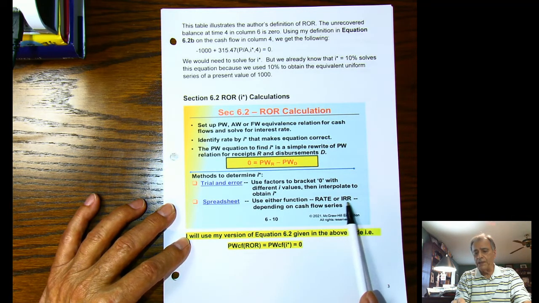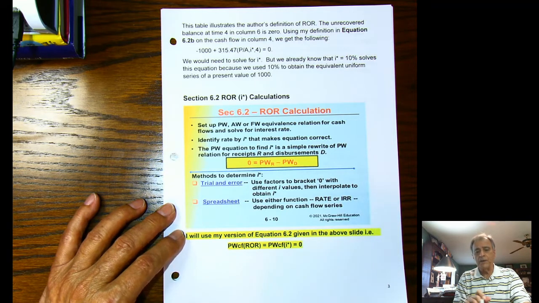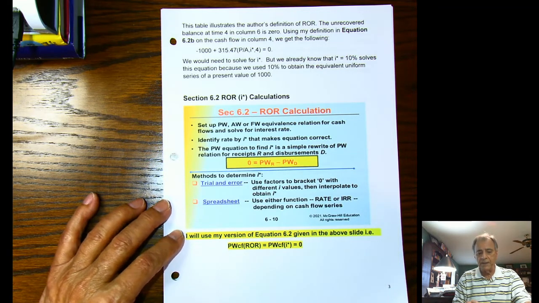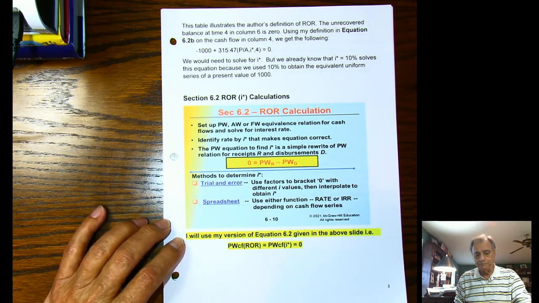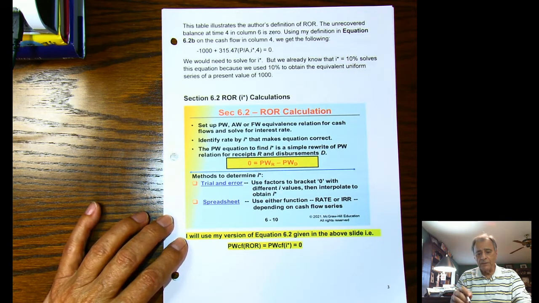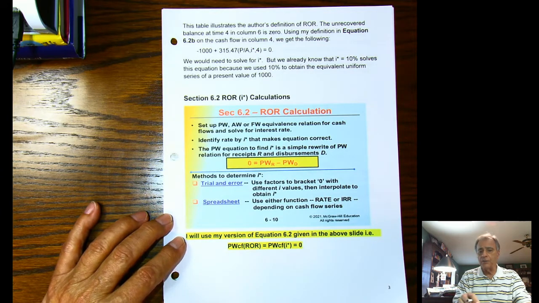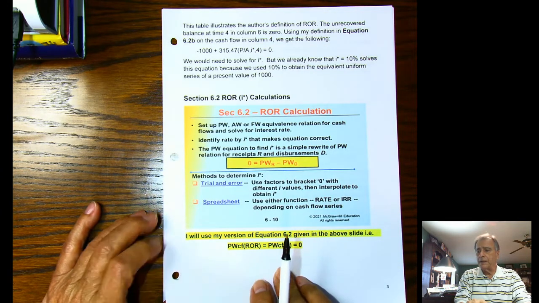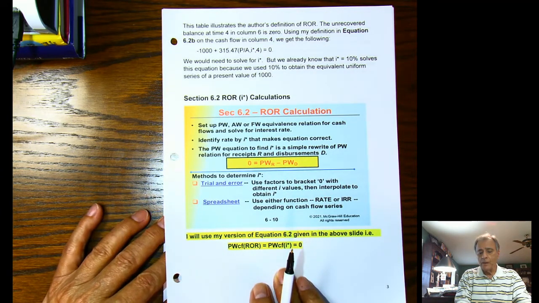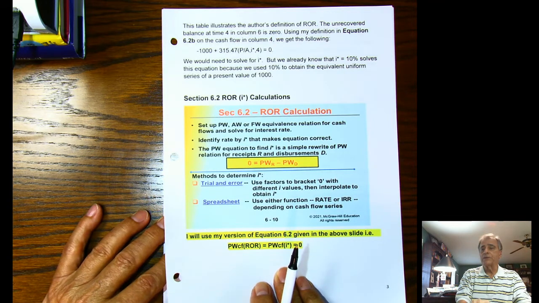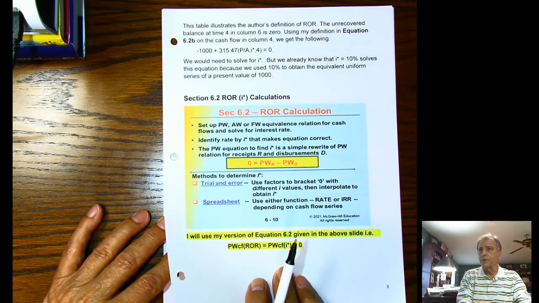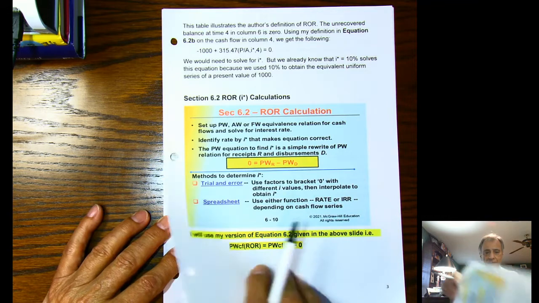So you'll put equal IRR in open parentheses and then fill in the blanks. So what I'm going to do is take a cash flow and then solve for the rate of return by setting the present worth of that cash flow equal to zero.